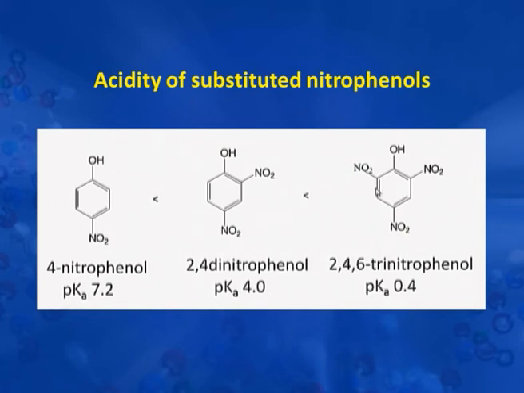What is the reason behind it? It is the electron withdrawal of the 3 nitro groups which makes the phenoxide developed after the release of proton much more stable in this case compared to ortho-para dinitrophenol and then in case of paranitrophenol. So, more the number of nitro groups, more will be the acidic strength.